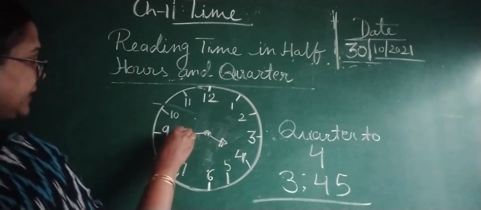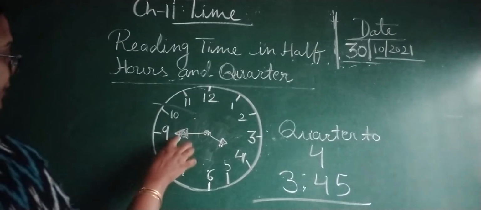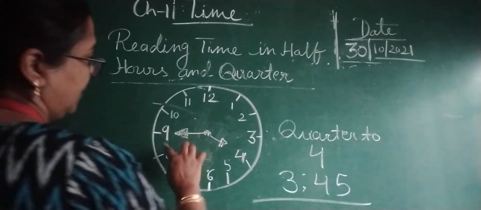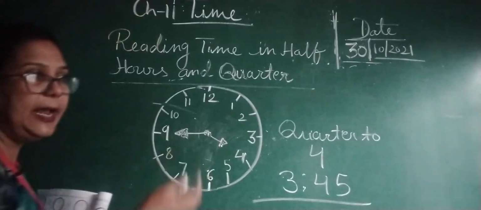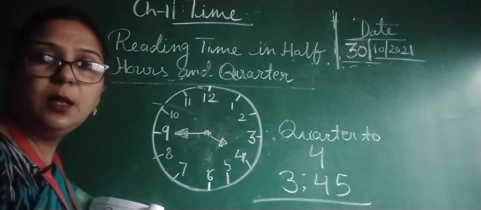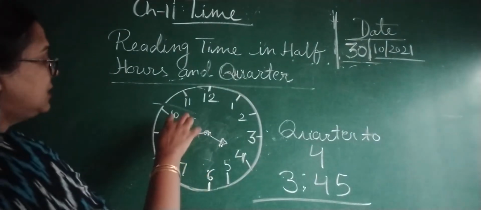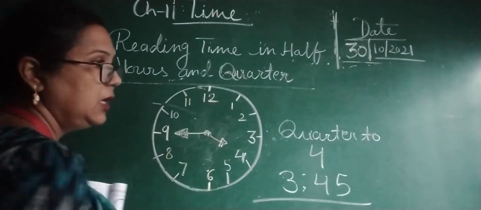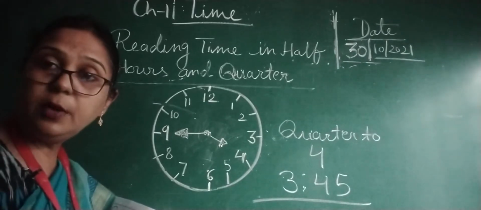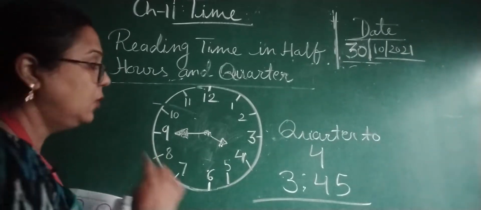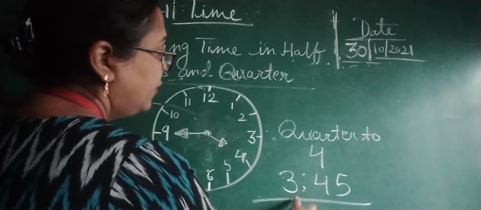Now here you can see the minute hand at 45 minutes. That is why, because as you all know the whole dial is divided into 60 minutes. If 15 minutes are remaining to 60, we will call this 45 minutes. Okay, so this is 3:45.